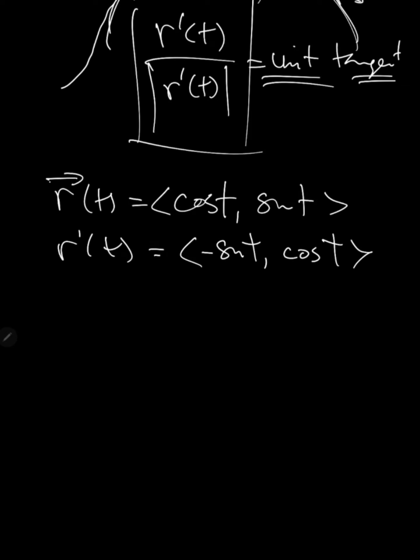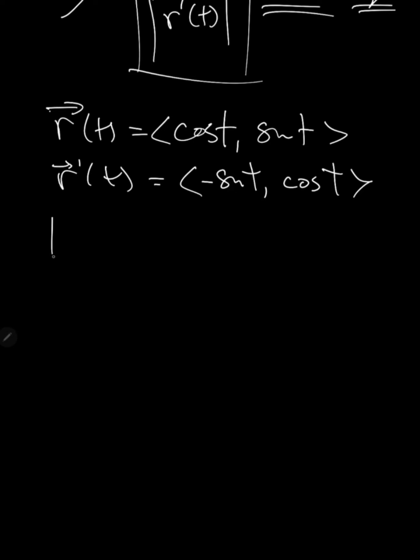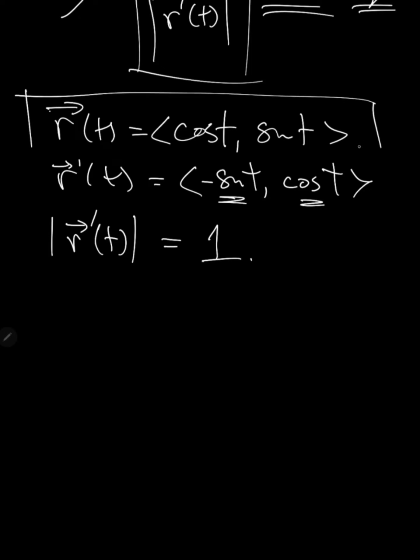This example is really nice because the length of r prime of t is the square root of sine squared plus cosine squared, which is 1. So this motion around a circle is very special, because you're driving around a circle at a speed of 1, a constant speed.